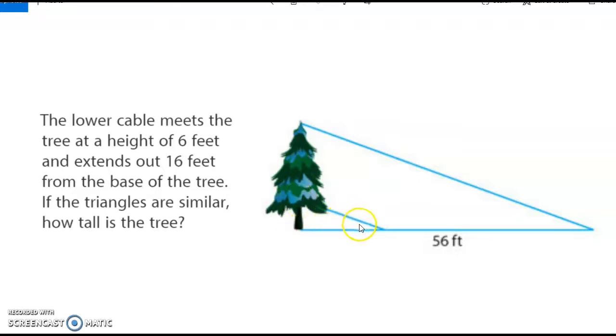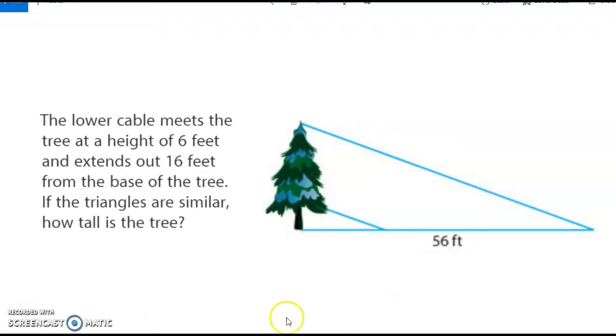And this sticks out 16 feet from the base of the tree. So the cable will attach here, and then it attaches to the ground, and this is about 16 feet from the base of the tree. So the first thing that I want to do is write down some things that we know. I'm going to recreate the triangles so that we can better see what exactly we're looking at.